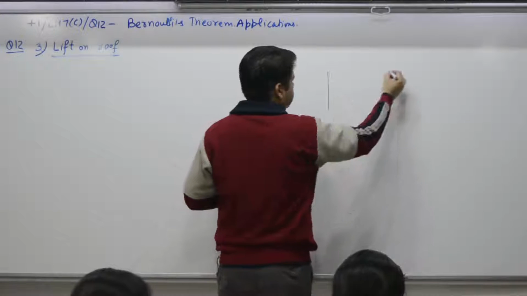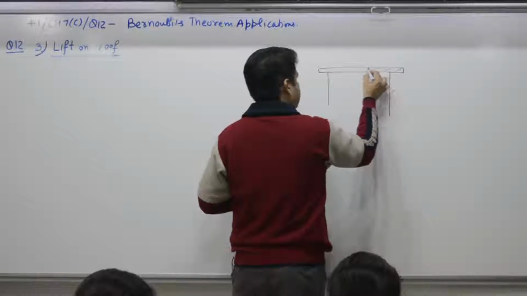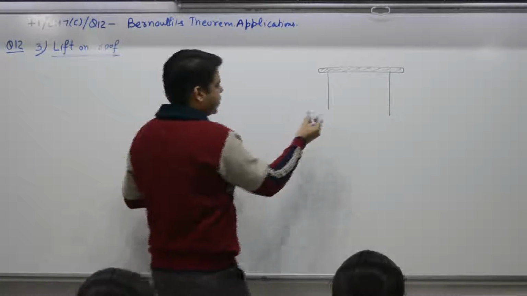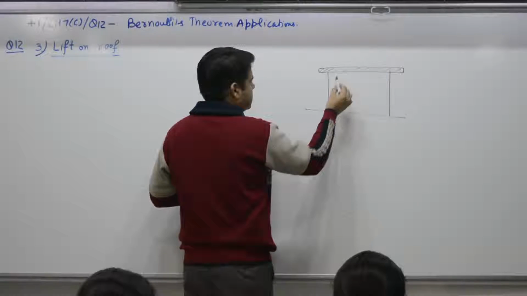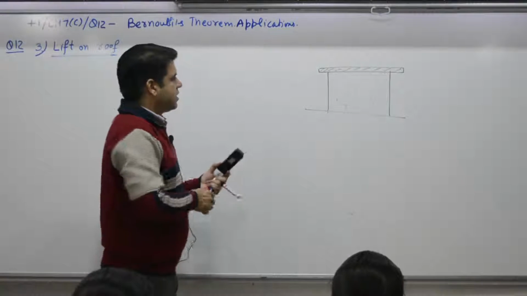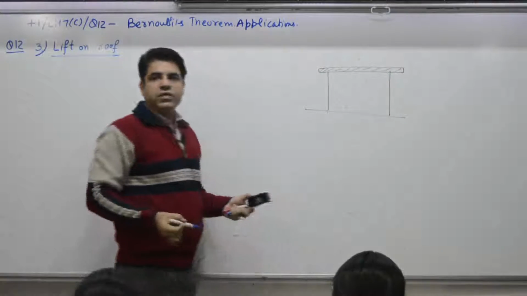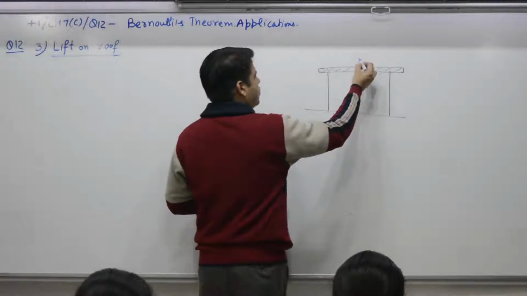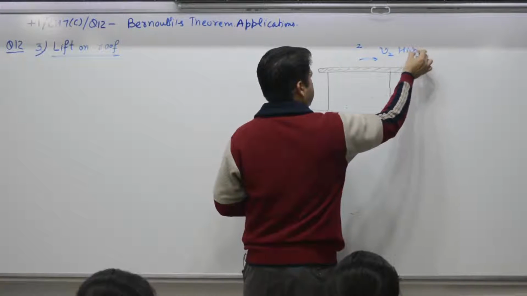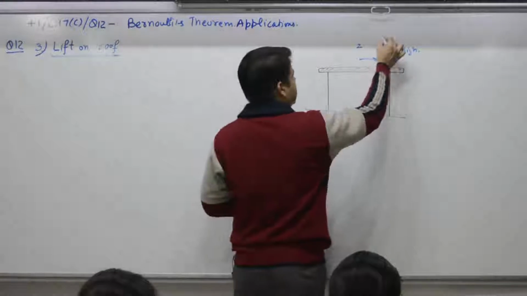There is a building and a roof. It is enclosed. This is inside the building, and this is outside. When wind blows over this, at point 2, velocity is high and pressure is low.